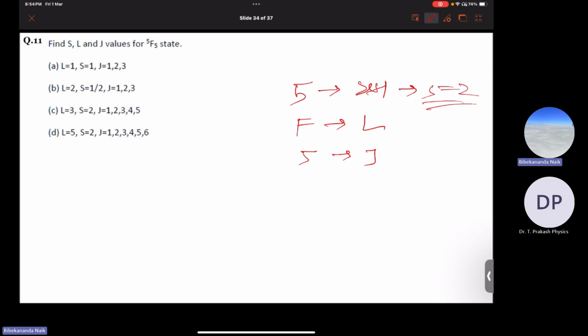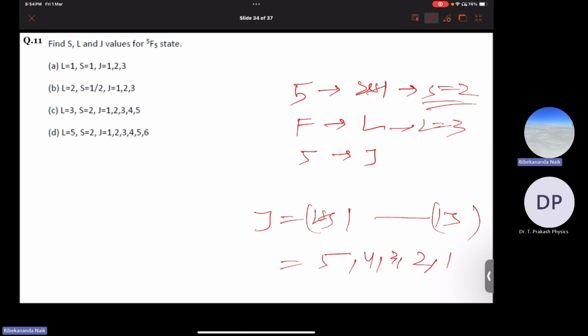Yes, sir. Then for F, L is, by S, P, D, F, L is 3. So if L is equal to 3 and S equal to 2, J will be from L plus S to L minus S. L plus S is 5, L minus S is 1. So 5, 4, 3, 2, 1.